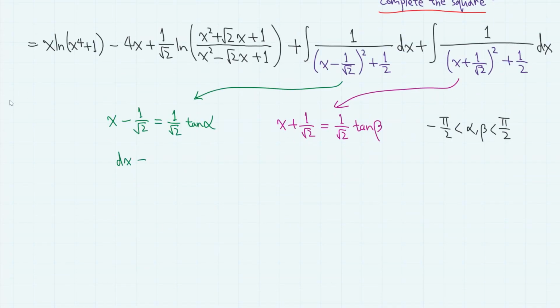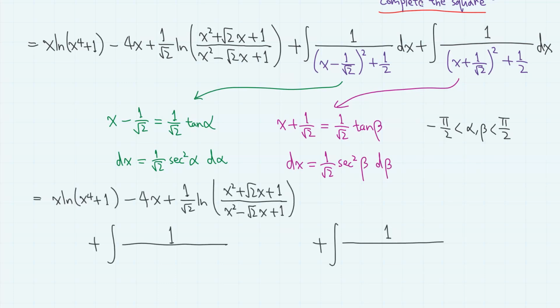Then we have dx equals 1 over square root of 2 secant squared alpha d alpha and dx equals 1 over square root of 2 secant squared beta d beta respectively. And we have, so this squared equals 1/2 tangent squared alpha, and combined with this 1/2, we can write the denominator as 1/2 times tangent squared alpha plus 1.